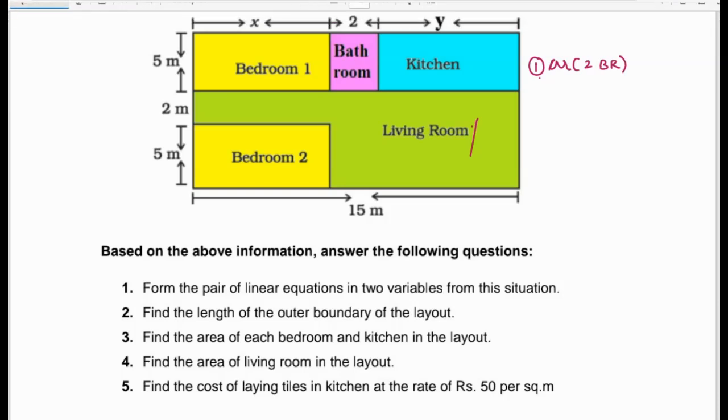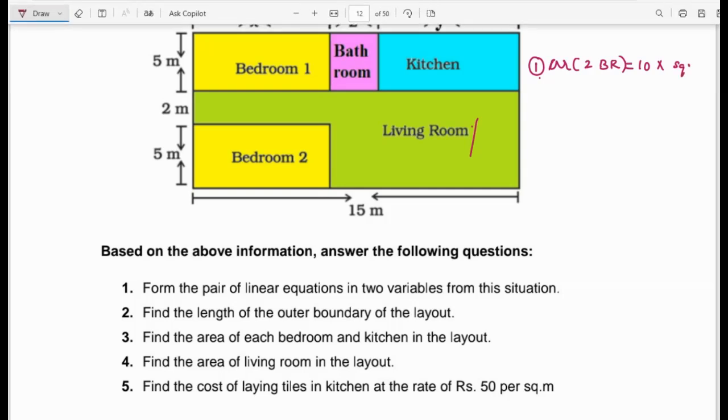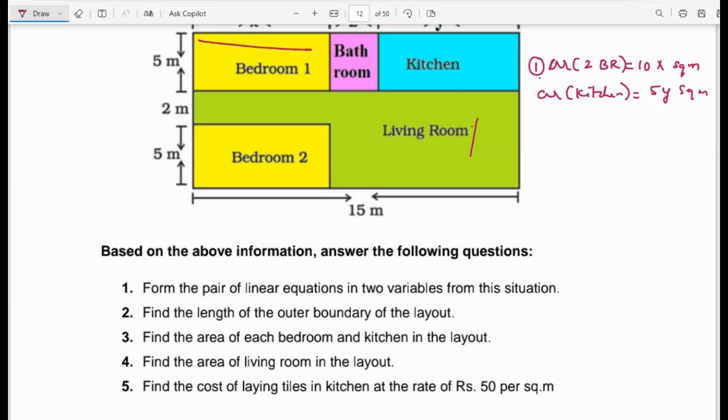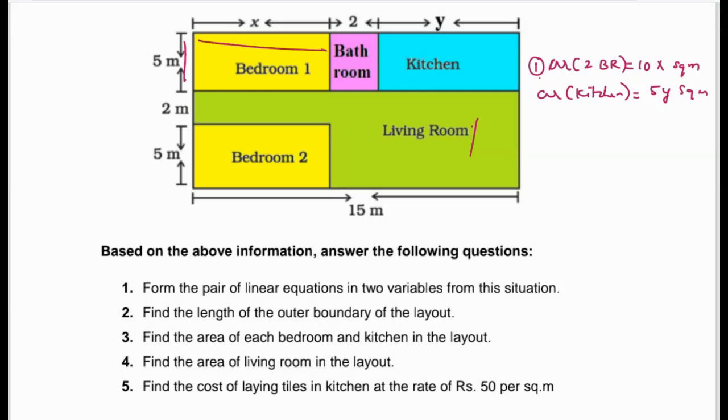Area of two bedrooms equals 10x square meters. Then area of kitchen is 5y square meter. Now bedroom is x, and this is y.